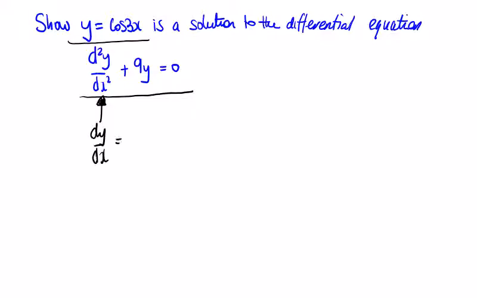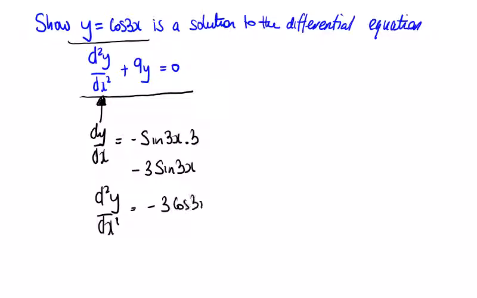So dy dx is equal to cos 3x goes to minus sine 3x times 3, which is minus 3 sine 3x. So d2y dx2 is going to be minus 3 cos 3x times 3, which is minus 9 cos 3x.